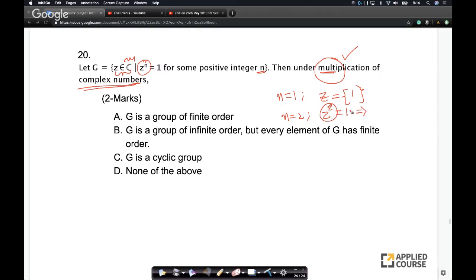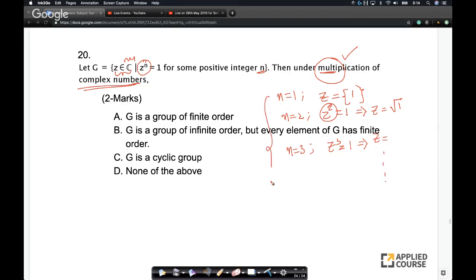These are square roots of unity, so z equals the square root of 1. When n equals 3, you have z cubed equals 1, so z is a cube root of unity, and so on and so forth.